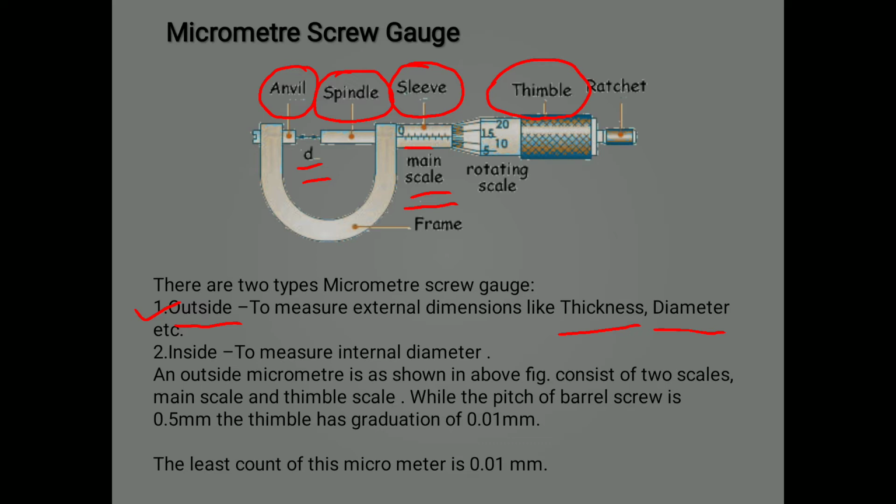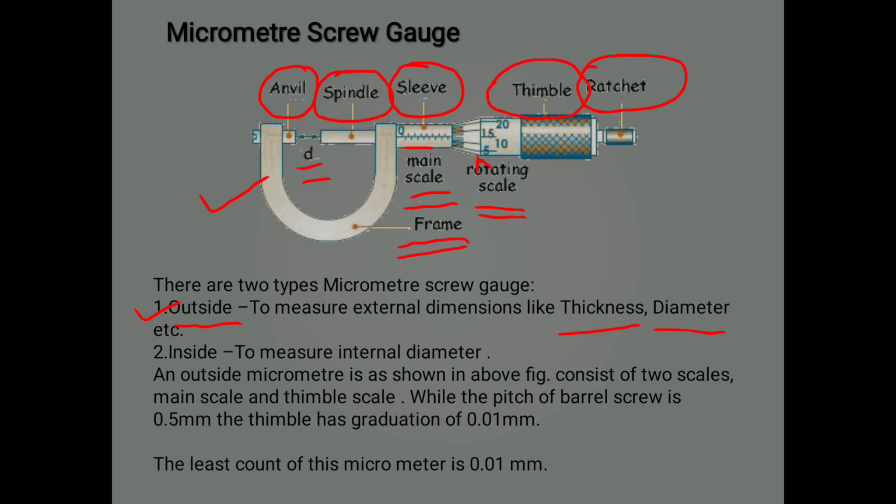Then the rotating scale or the circular scale you can see over here. Then the ratchet mechanism, which is given to apply uniform pressure. And you can see the whole assembly is held in this frame, which has a U shape.